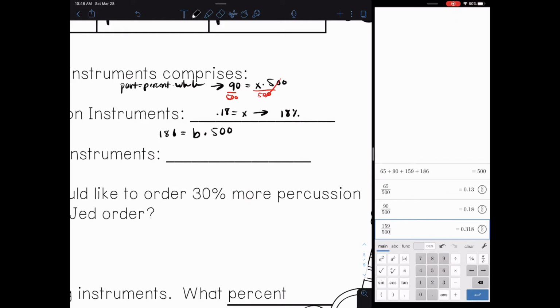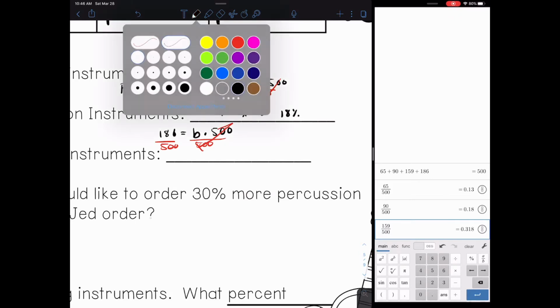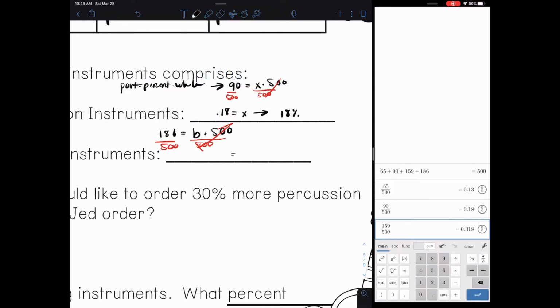All right, how do you get B by itself? You're going to divide both sides by 500 to isolate the percentage B. 500 on top, 500 on bottom, that's 1. And 1 times B, or B times 1, is just B. 186 divided by 500 is 0.372.